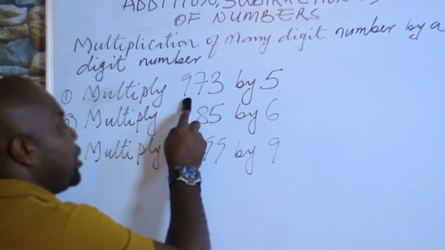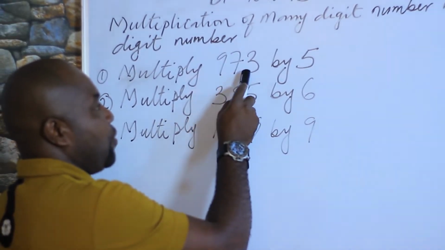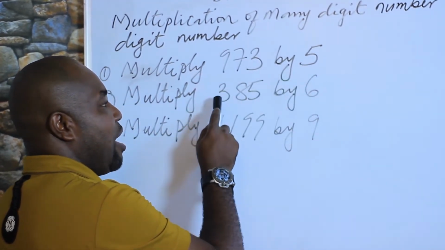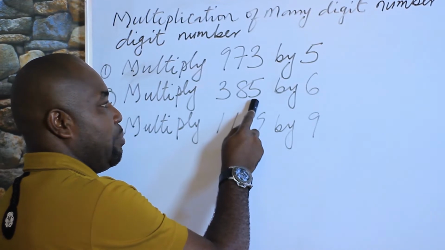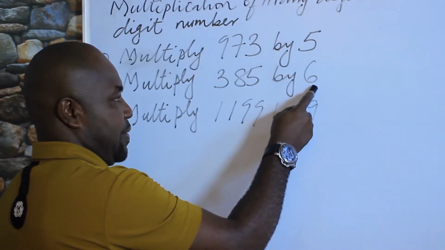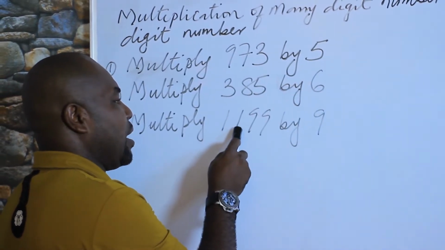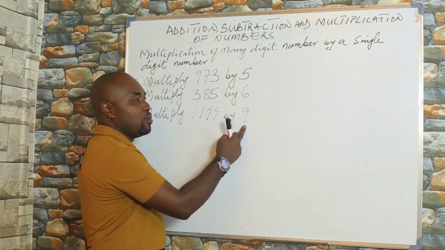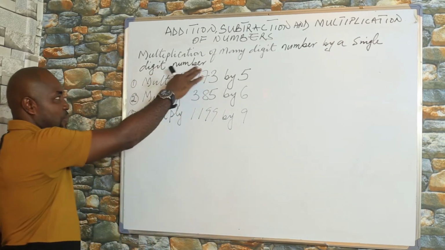This is many digit number, 3 digits, by a single digit number, 5. We have 385, many digit number, by a single digit, 6. This is 1199, 4 digit numbers by a single digit number. That is what I have represented here.